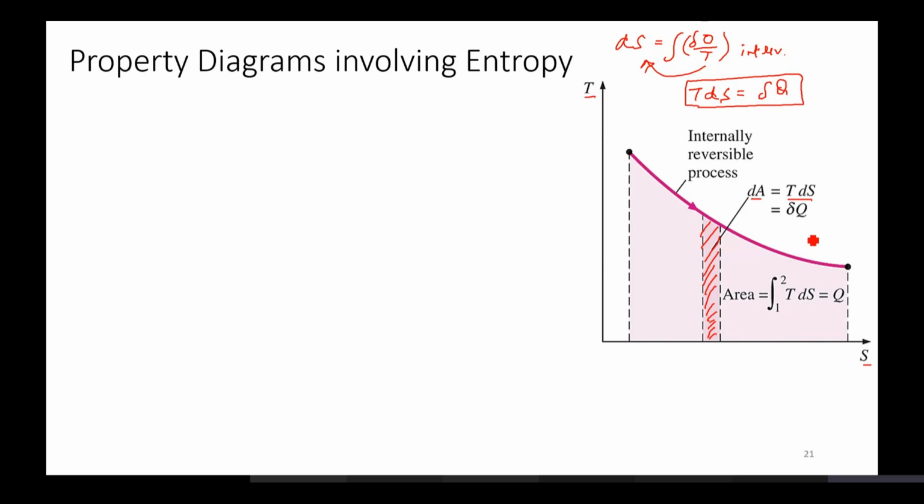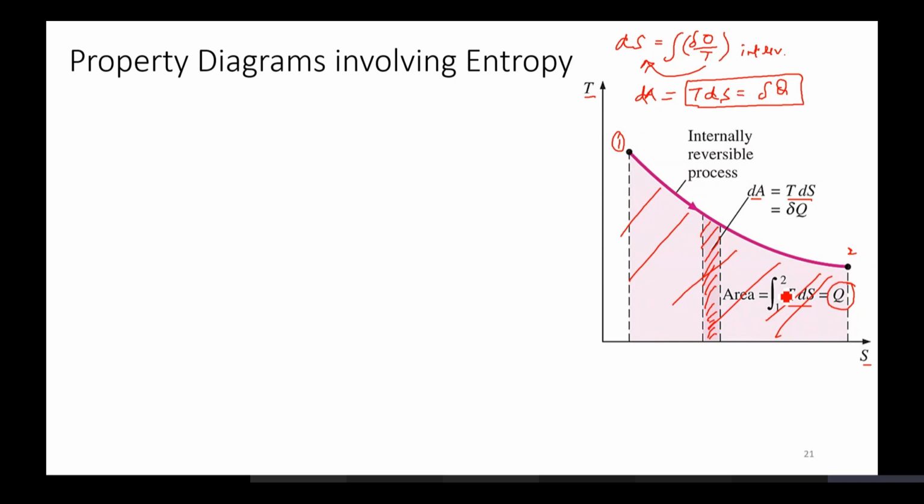Now, if you integrate the complete curve, integrating T dS from 1 to 2, this would give you the complete area, and this complete area would give you the heat transfer taking place as a result of this process.